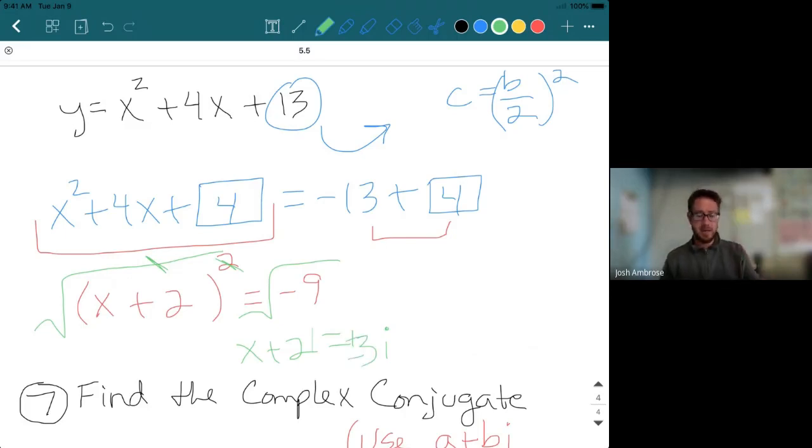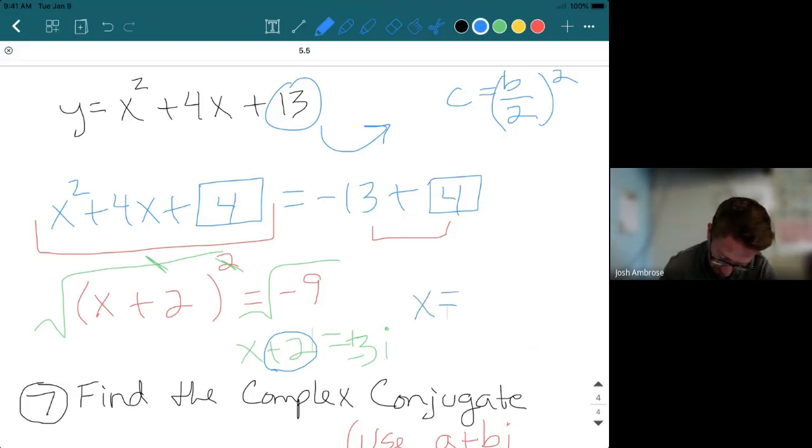Now we're not done because we need to get rid of this guy right here. Need to move that 2 over. So you're going to be left with x equals -2 plus or minus 3i. All right, -2 plus or minus 3i.